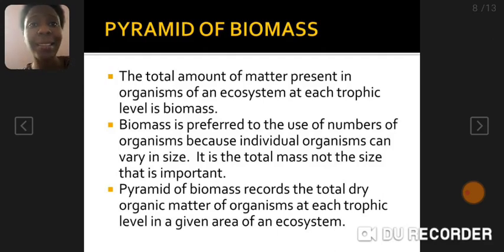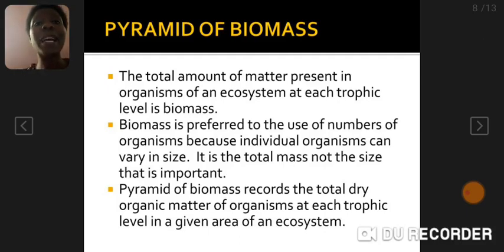Because biomass can be gotten from the numbers, if you are able to gather all the organisms involved for each trophic level of that food chain, from trophic level 1 to trophic level 2, and you are able to weigh them, the weight of all these organisms per trophic level is what biomass is all about.